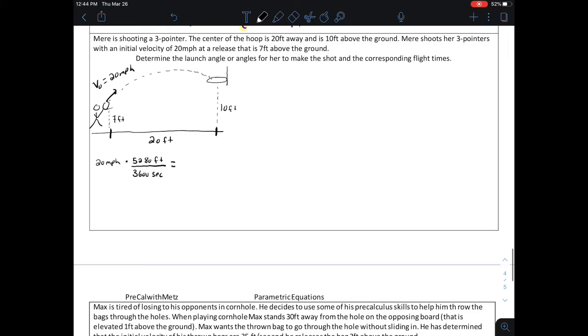And that's going to give me about 29.33 feet per second. So that's going to be my converted initial velocity to write my set of parametric equations.